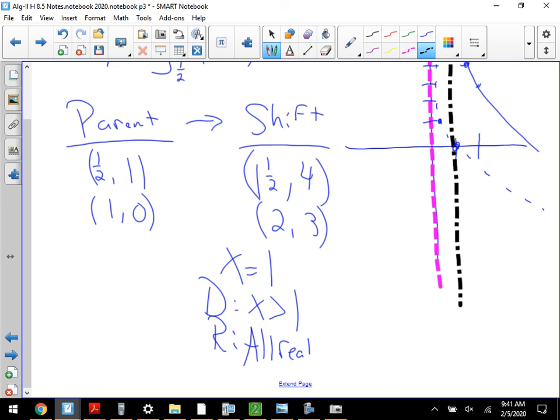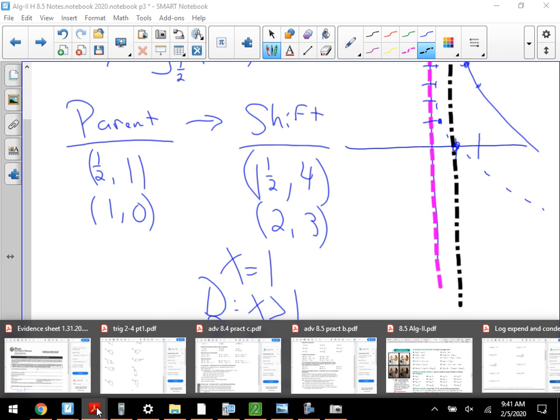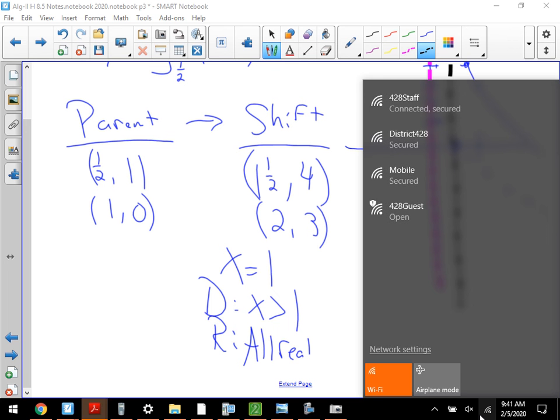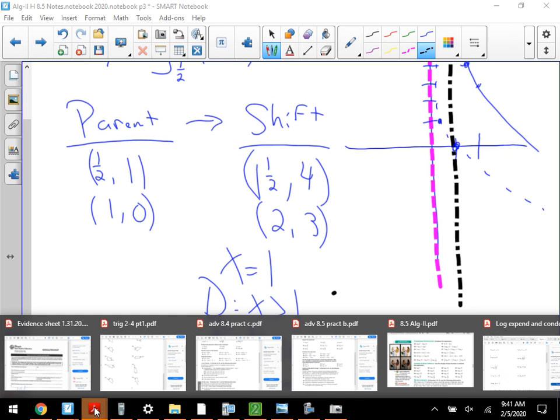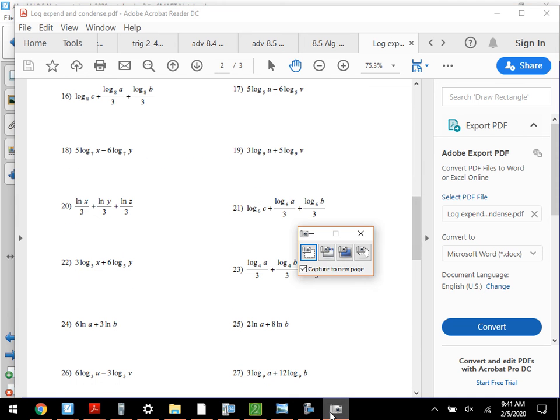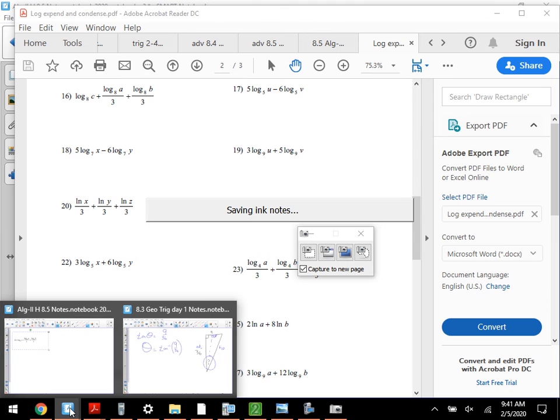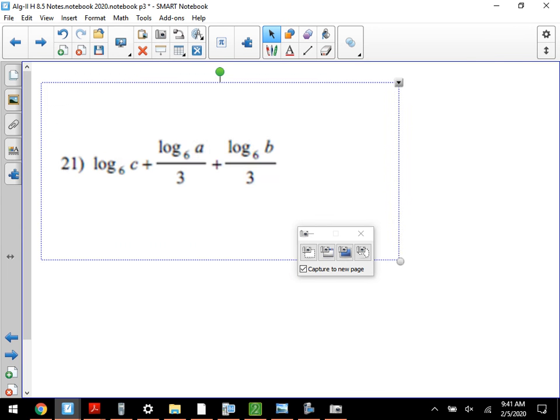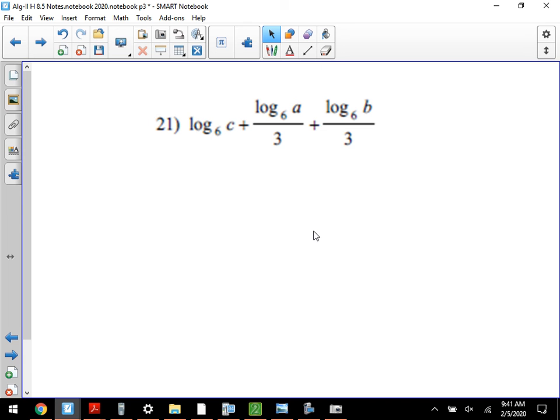So real fast, guys, I want to show you something that looks a little weird in terms of how they write out some of their things. Take a look on the second side, and let's look at number 21. They write it ever so slightly different than what we've seen. Over 3. What do you think that really is?